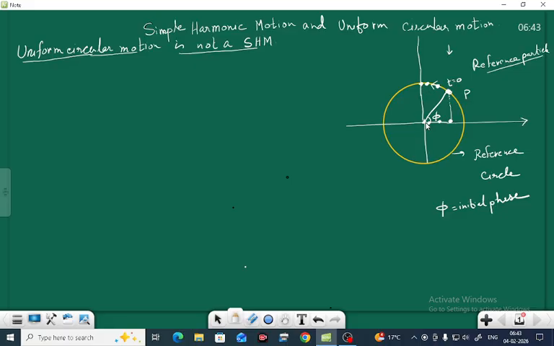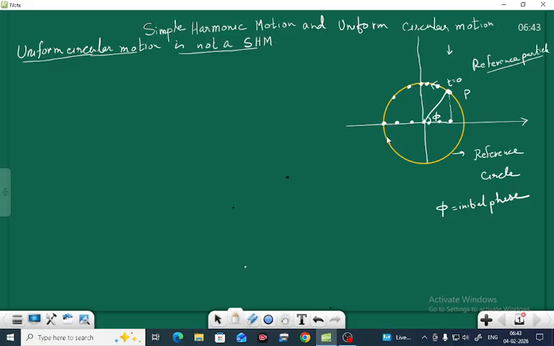And you see, this is the mean position, or what you call the equilibrium position. If the particle is here, its projection will fall here. If the particle is here, the projection will fall here. If the particle is here, that is the extreme position.